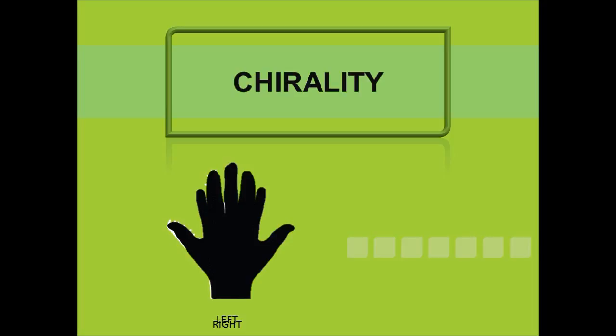And we say that a molecule is chiral if it has a mirror image that is different from the original object. And by mirror image, we say, imagine placing a mirror in front of that object. Can you take what you're seeing in the mirror and place it directly on the original object, and they match up perfectly?